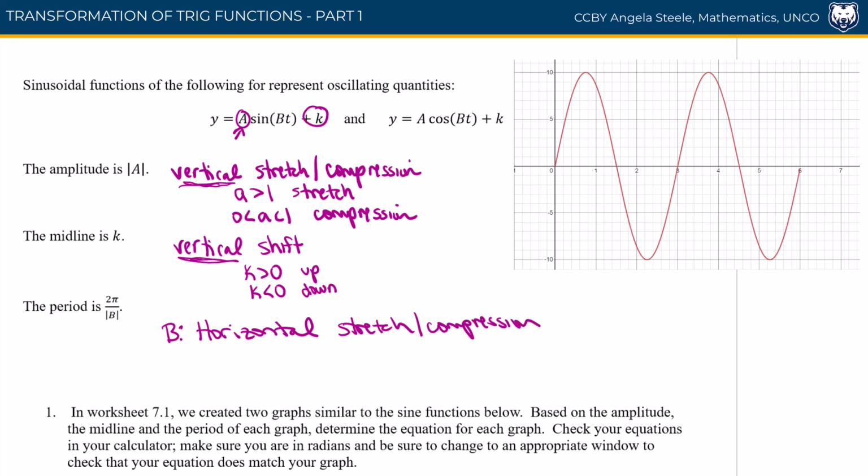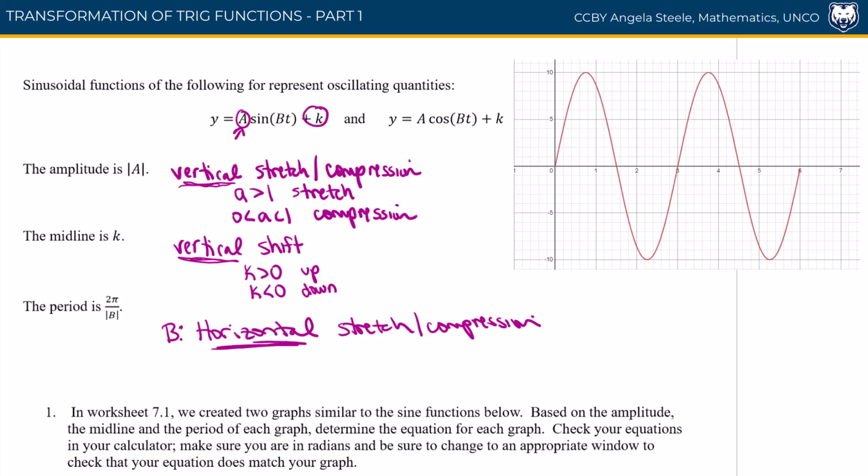The reason it's affecting things horizontally is because notice that it's b multiplied by the input. So we're affecting the input values, and the input is on the x-axis. So the inputs are being affected horizontally.